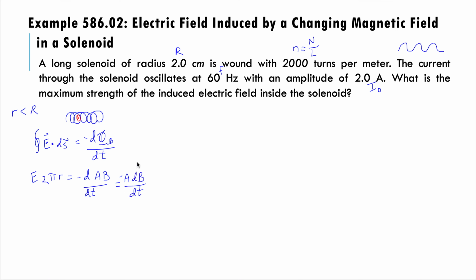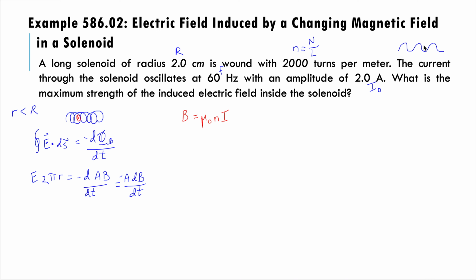So now we need to find an expression for the field. I'm going to do this on the side here. The field inside a solenoid is mu naught n I. The thing here is that the current is oscillating, so we can't just put 2 amps for the current because it changes as a function of time.